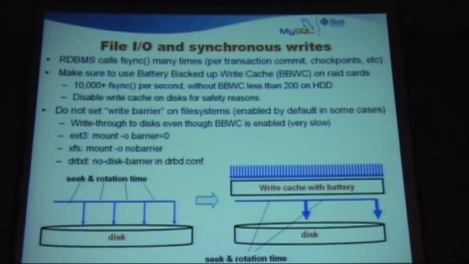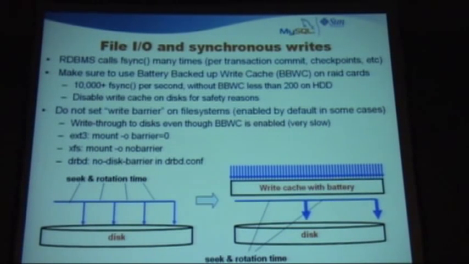So fsync is very expensive, but can be significantly faster by using a write cache protected by battery. Without a battery, every time you commit, disk seek and rotation happens. So this is very slow, probably less than 200 per second on a hard disk drive.